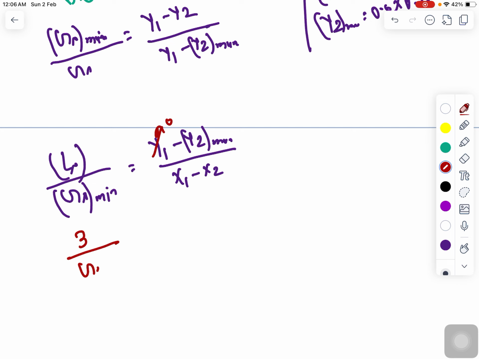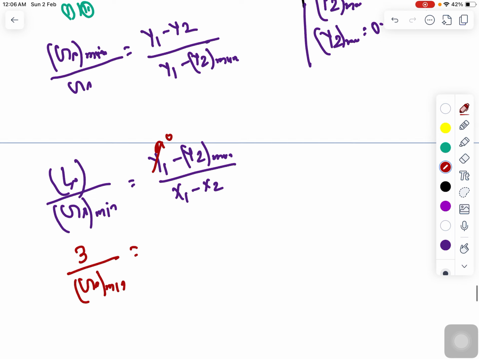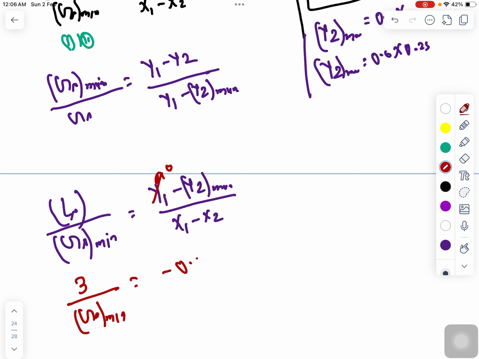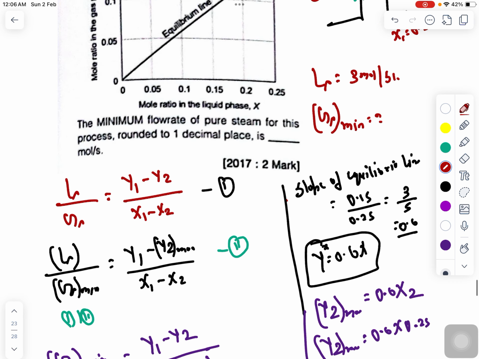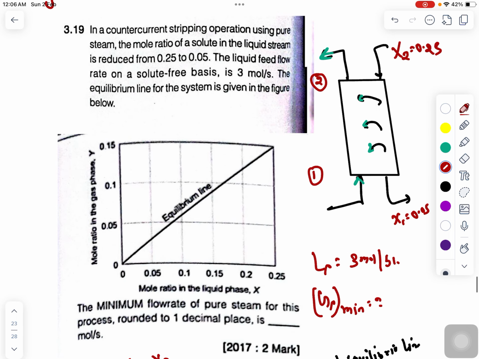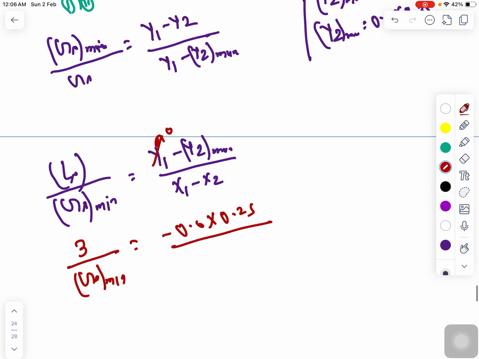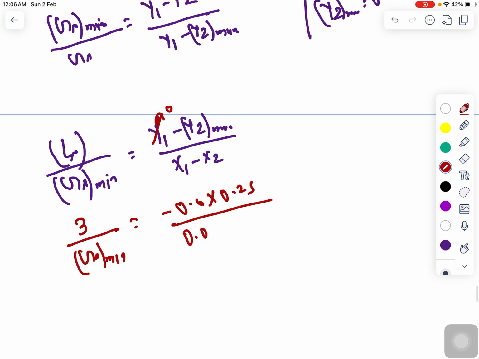Ls is 3, and Gs minimum we are supposed to calculate. And x1 is given to you, that is 0.05 and x2 is 0.25. So you can write 0.05 minus 0.25.